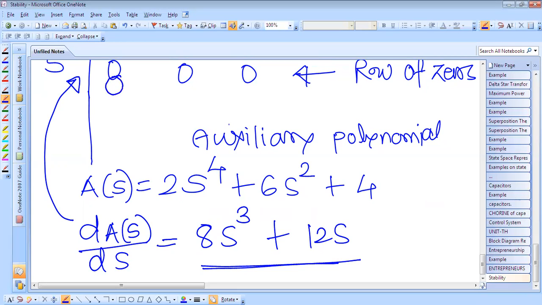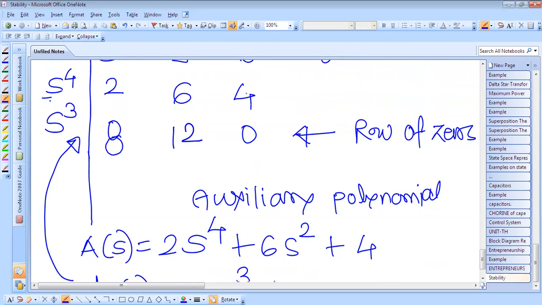And here it will be 12. And the next is 0, so it will be 0. In this way we have replaced the row of 0 by the auxiliary polynomial.